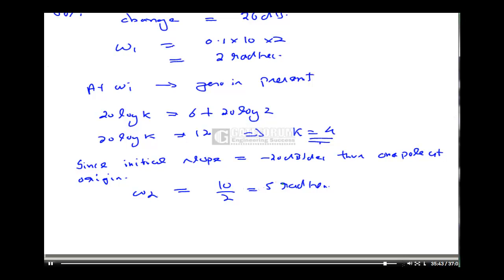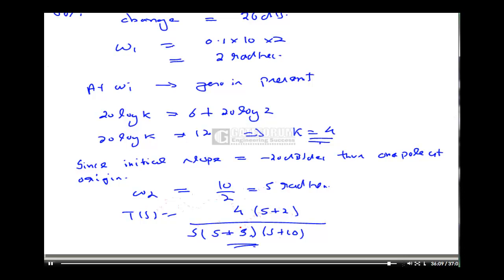Thus by knowing the values of omega 1, omega 2 and omega 3, I can easily find my transfer function: 4 times (s plus 2) upon s into (s plus 5) into (s plus 10). Thus there are 3 poles and 1 zero. That's why the final slope will be 3 into minus 20 plus 20 dB, so the final slope is minus 40 dB per decade.